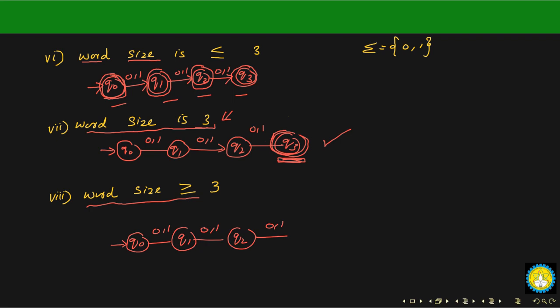And from there, if you see again a 0 or a 1, you're at Q3. And since the question is about word size greater than or equal to 3, we should give a transition on 0 and 1 here, right? So minimum we expect three symbols. Okay, so this is the NFA for accepting binary strings whose word size is greater than or equal to 3.